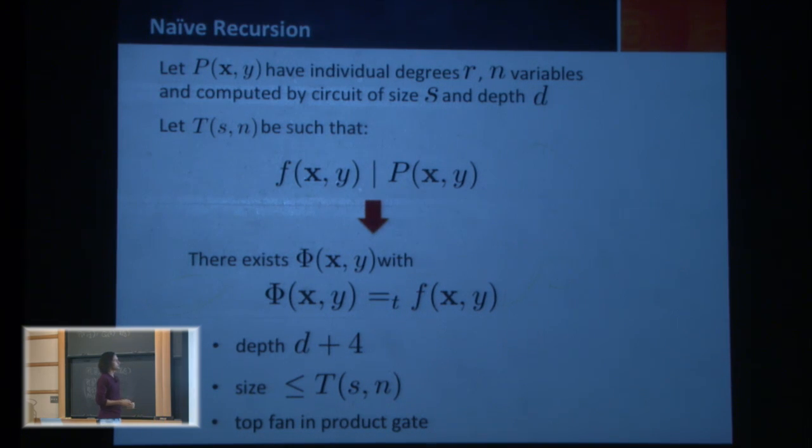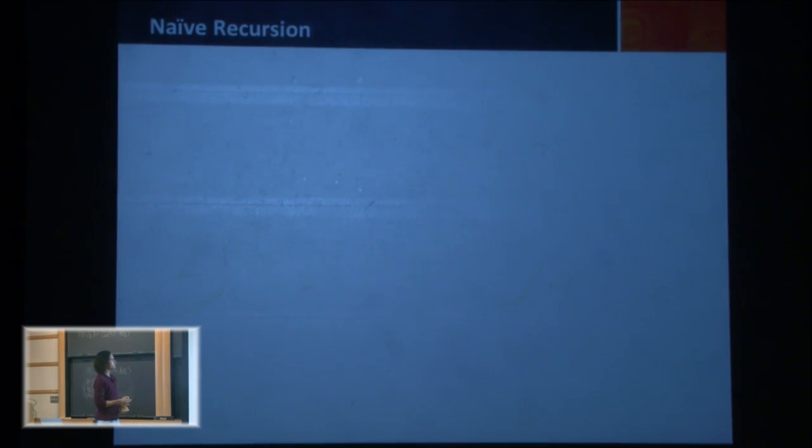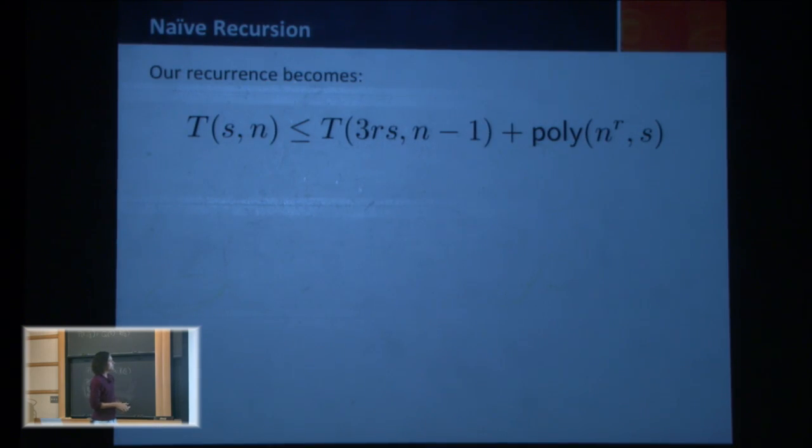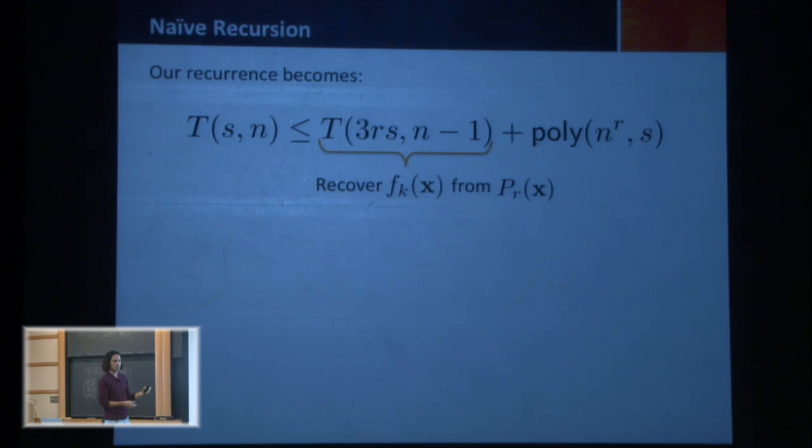Okay? So given this bound, our recursion will be the following. T(s, n) is less than or equal to T(3rs, n minus 1) plus poly(n, r, s). Where does this recurrence come from? Well, here is the recursion that we have. Inductively, this is what we pay to recover the leading coefficient of f from the leading coefficient of p.